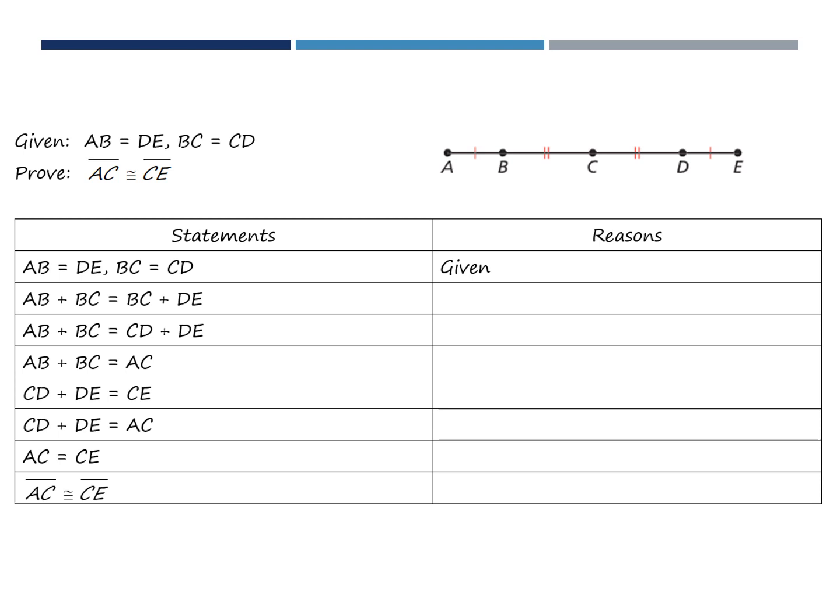So the measure of AB is equal to the measure of DE, and the measure of BC is equal to the measure of CD. And notice that I've marked them congruent on the diagram.